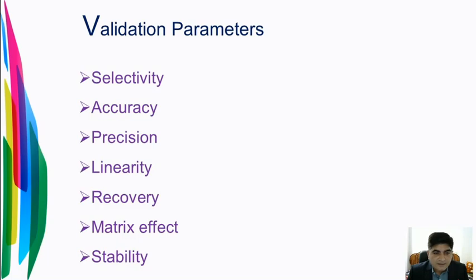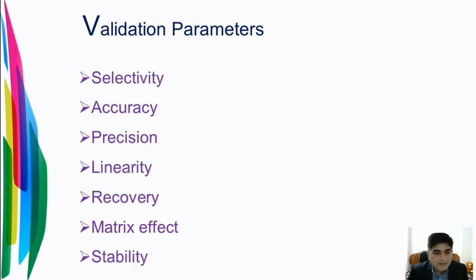Next one is recovery. You can compare the recovery with the aqueous sample, that is, how much drug is recovered from aqueous and matrix samples. Suppose the aqueous sample gives 100% recovery, while matrix samples give 80% recovery.